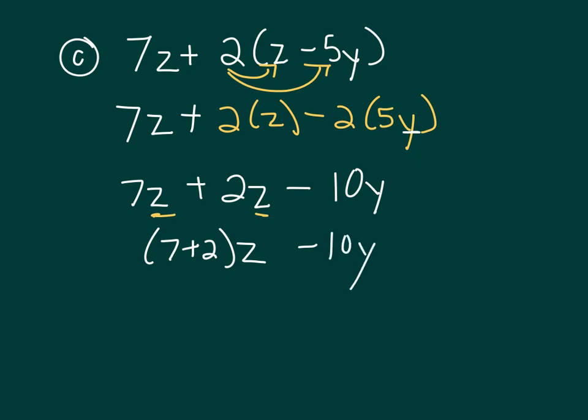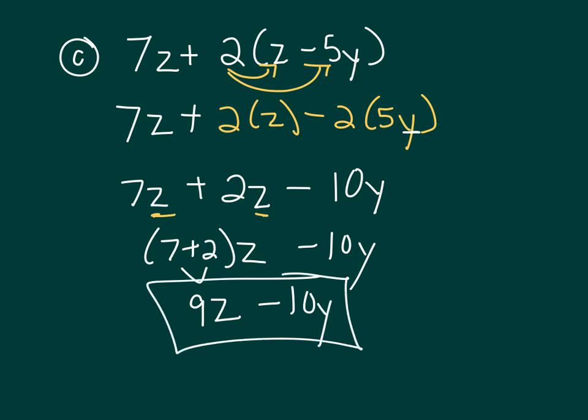And then 7 plus 2 is 9, and that times z would be 9z minus 10y, and that's the end because you can't combine the z's and the y's, the two different variables. So kind of just practicing that you can simplify an expression, get it as low as you can, but you might still have different variables involved.